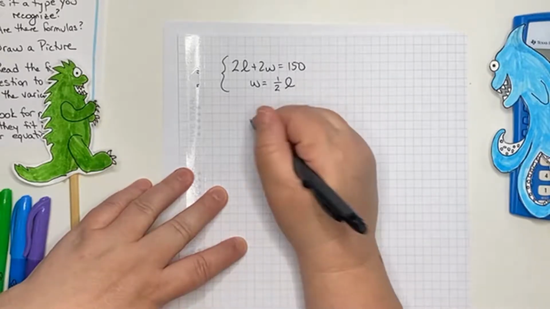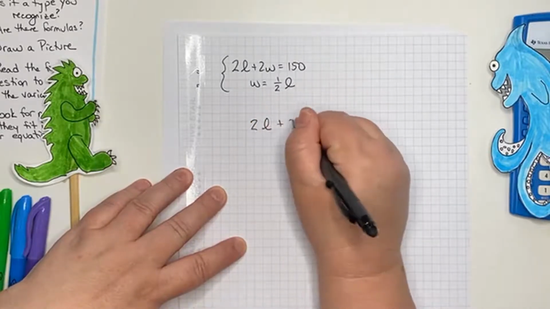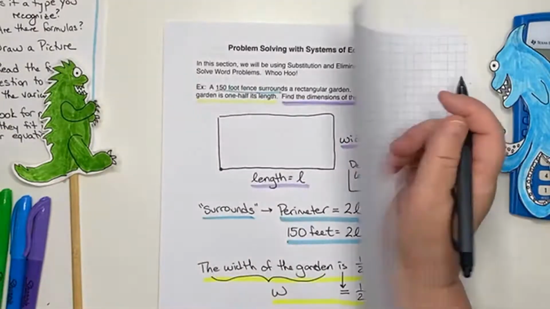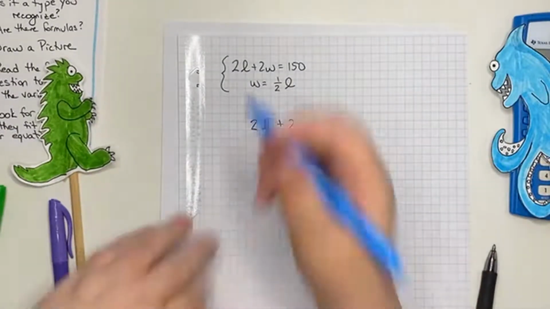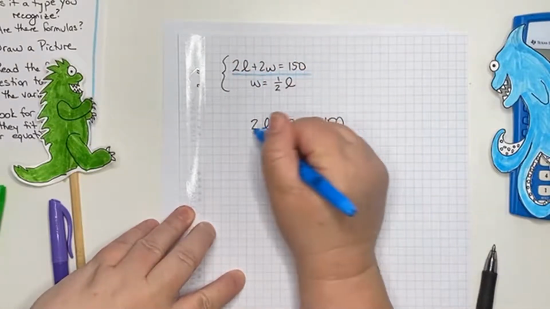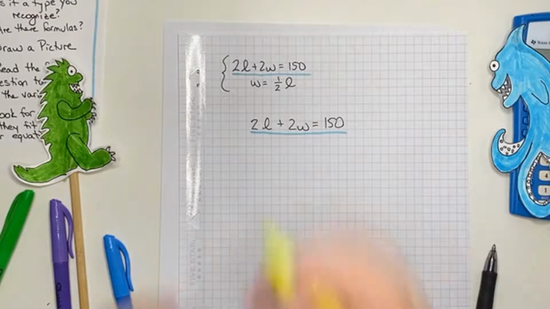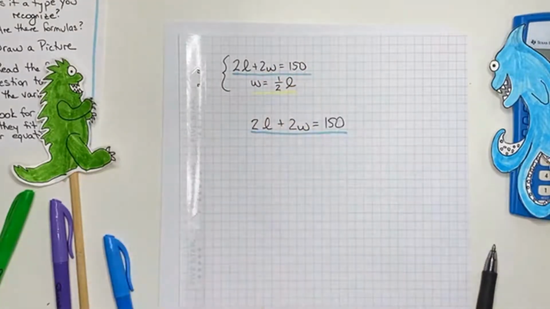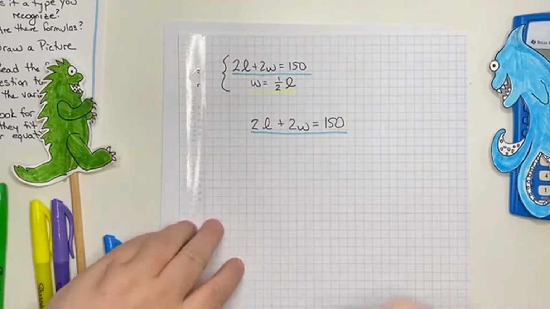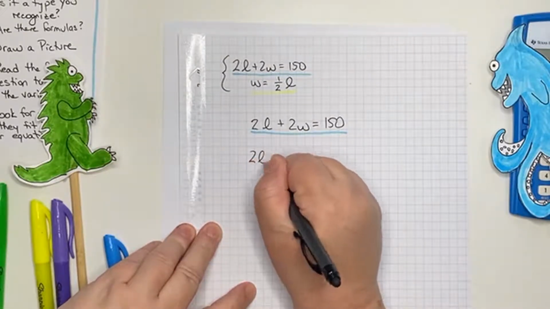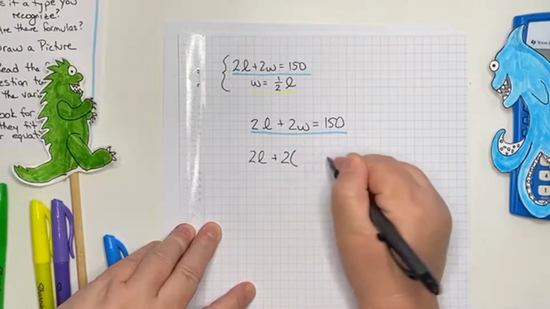So I'm going to take my 2L plus 2W equals 150. And again, that one was the blue one. And then I'm going to take that W equals 1/2 of L, and I'm going to put it inside of the W. And this is what substitution looks like.